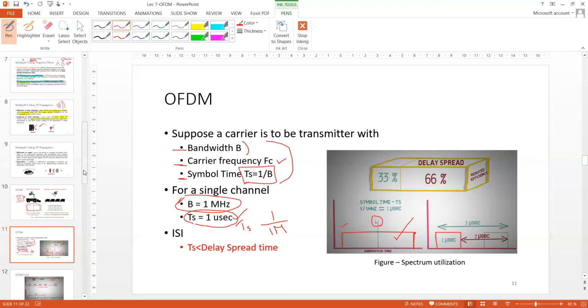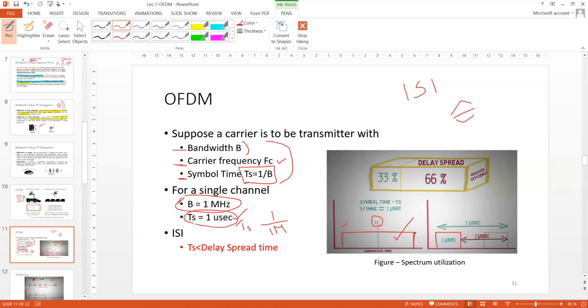Now, previously we discussed the concept of inter-symbol interference, and we saw that whenever a signal is transmitted between the transmitter and receiver module, it will take multiple paths while reaching between the transmitter and receiver module.